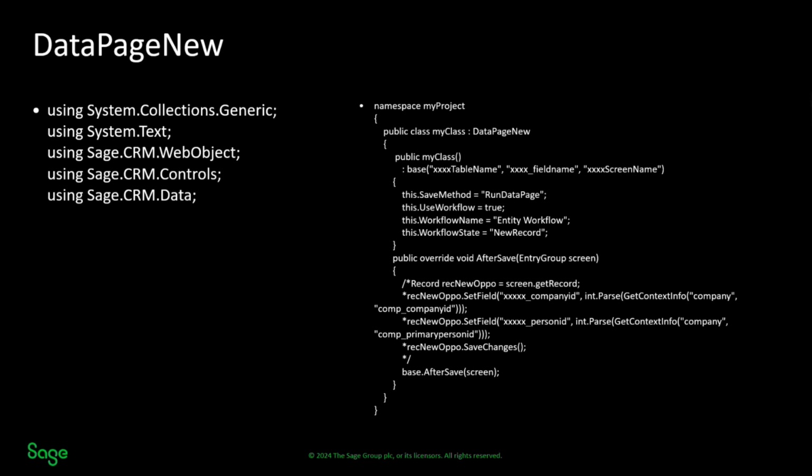I can then set a field value if I want, and you can see that this particular idea is that I'm reaching into the contextual information to grab the current company ID and setting that into a field for the company ID field, and again for the person ID, I'm using the same idea of getting hold of contextual information, in this case the person ID, and writing it into the person field.